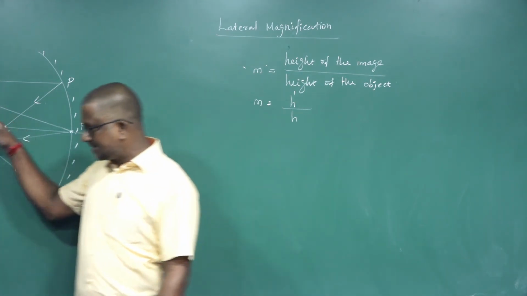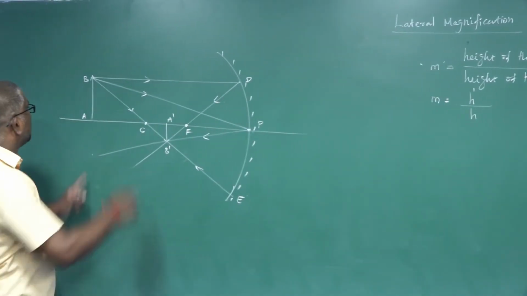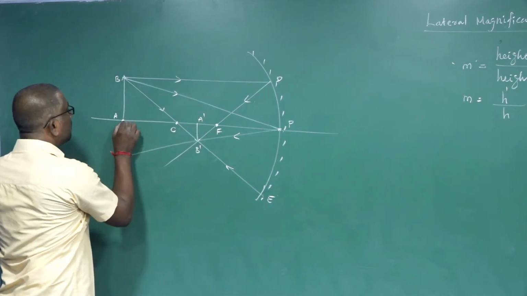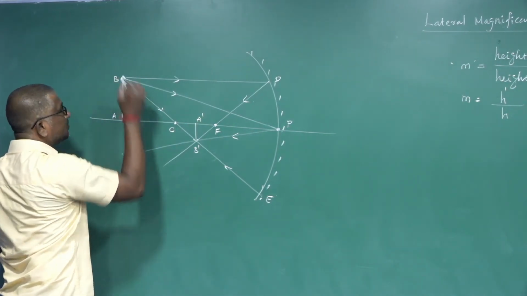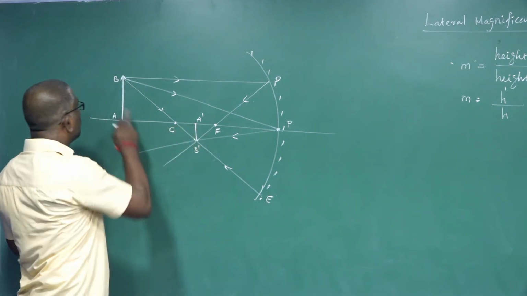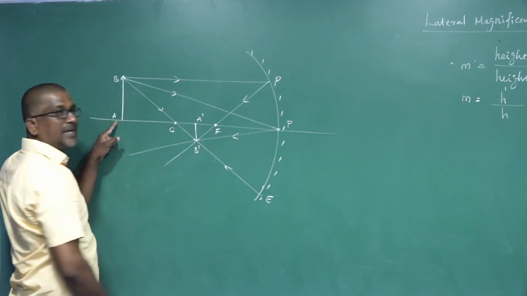From the same ray diagram, this is the object and this is the image. This is the height of the object and this is the height of the image. Both are perpendicular to the principal axis.